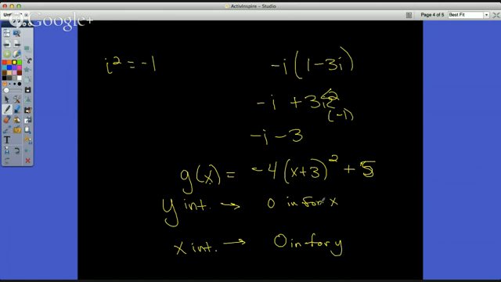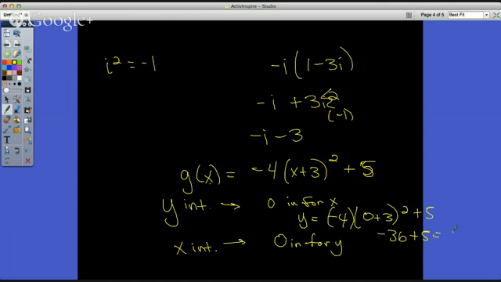So if I was looking at the first one, what I'd have is this. y equals, we can plug y in for g of x within our function. -4 times 0 plus 3 squared plus 5. Now 0 plus 3 is 3, squared is 9. 9 times -4 is -36.